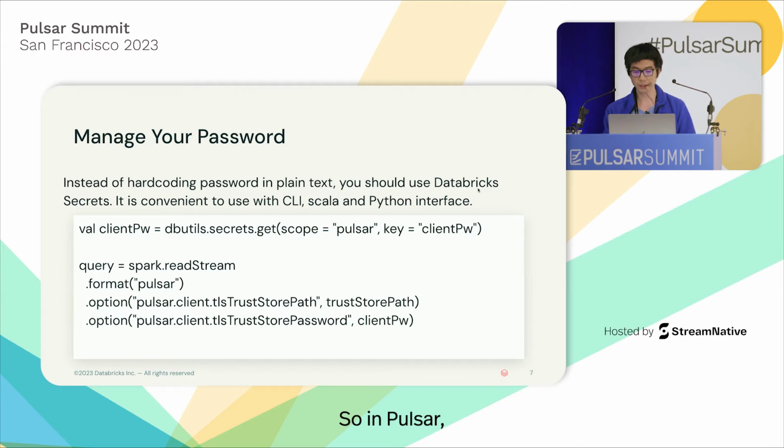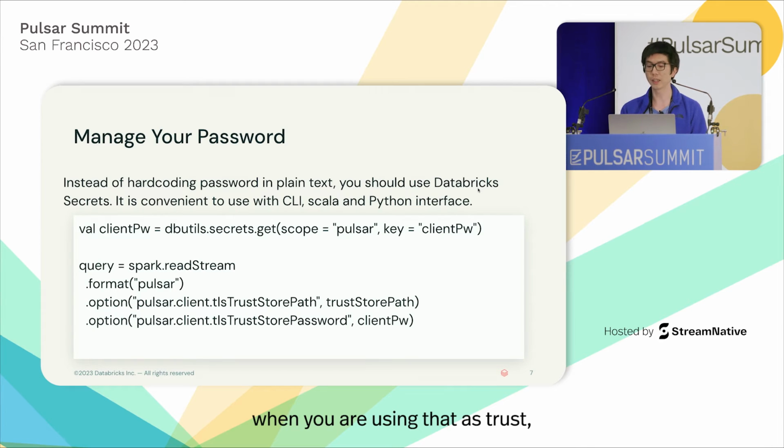So in Pulsar, when you are using the TLS trust store, you will need to specify the trust store password. If you are using the open source connector, you will need to hard code it into your code. This is not very safe, and this is also not a good practice. So inside Databricks, you can use Databricks utilities to manage your secrets.